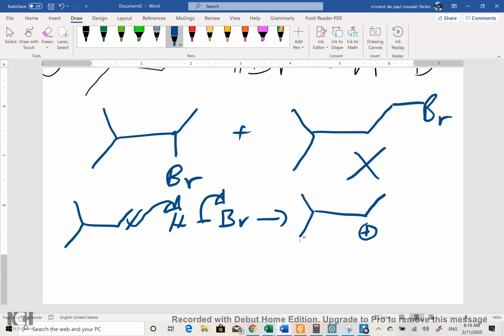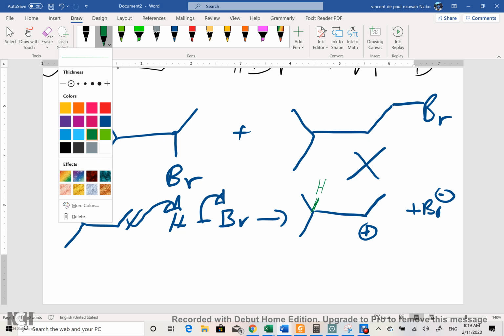Now this is where everything happens. This is where magic happens. You have that secondary carbocation plus Br minus. Don't forget that we have a certain hydrogen here. There's a hidden hydrogen. Can you guys see that one? Let me change the ink size.